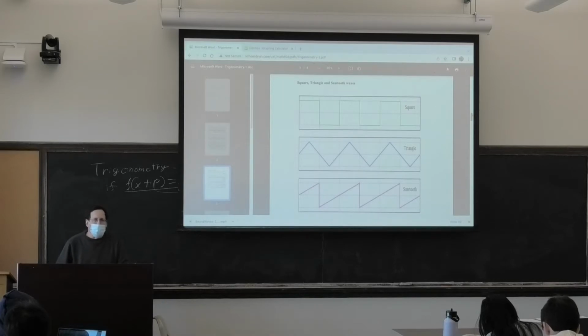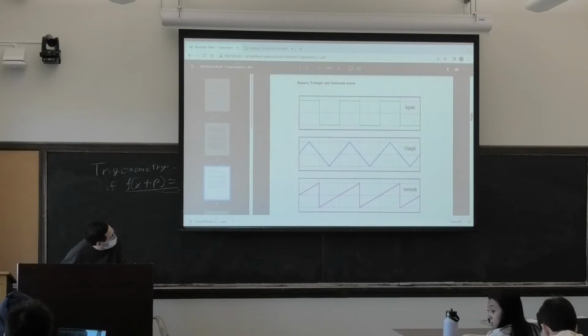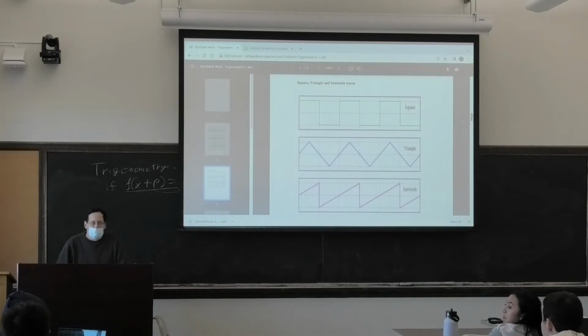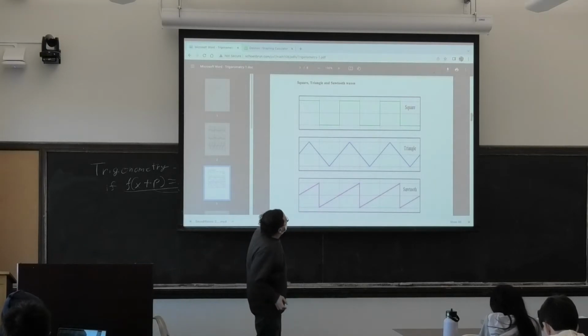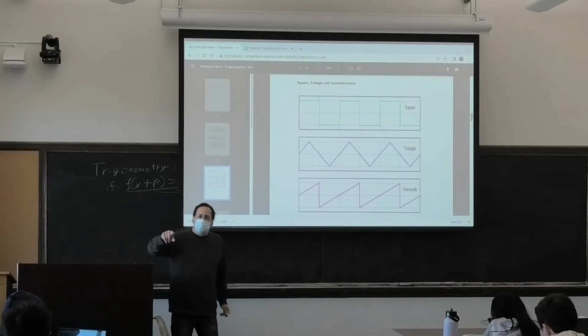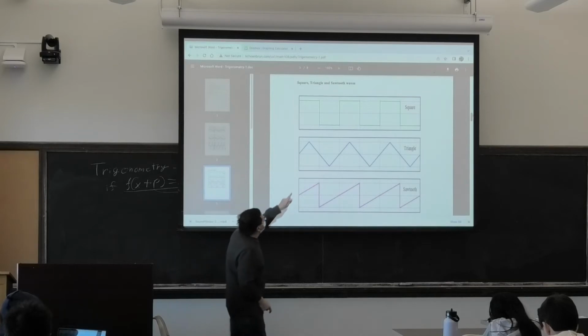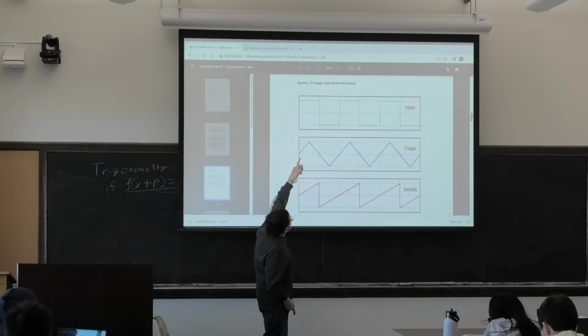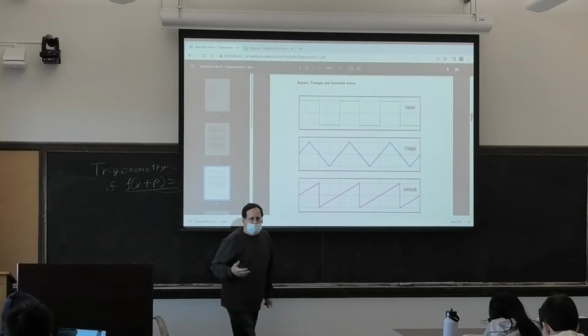I don't recall any electrical engineers in here, but if you've ever played around with an oscilloscope and a signal generator, you might have seen these types of periodic functions. First, it's called a square wave. All your computers have a clock. It's a little electric circuit that produces a square wave. It's not a perfect square because to be perfect, you would have to jump from a high voltage to a low voltage instantaneously, but it's pretty quick.